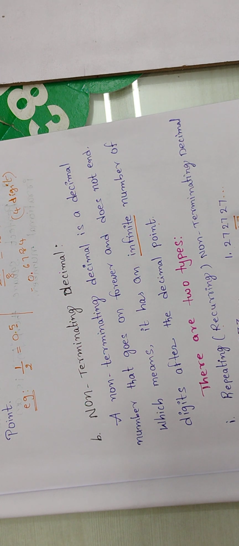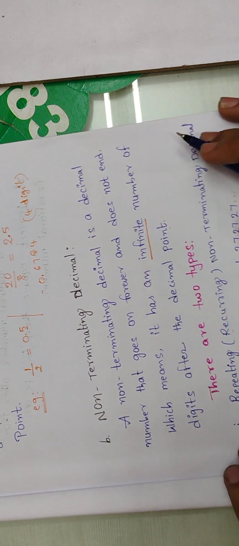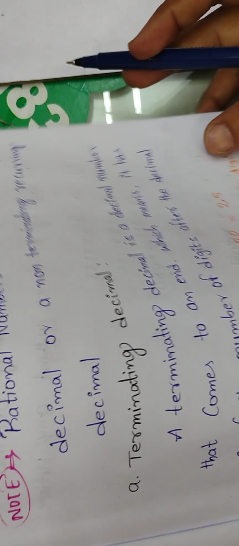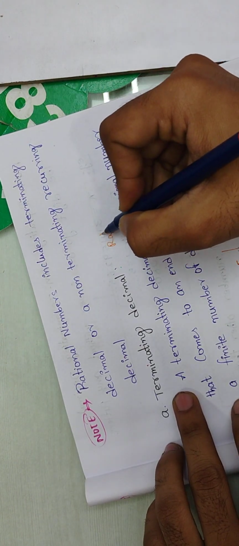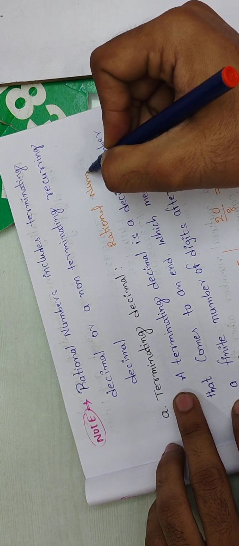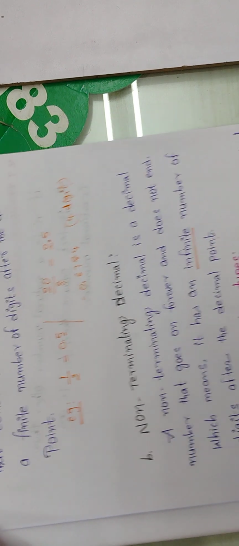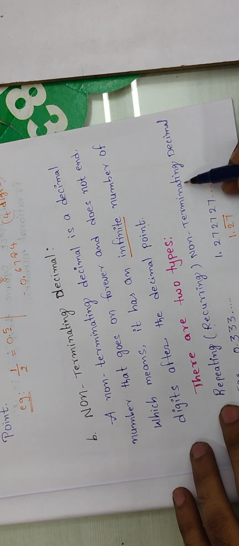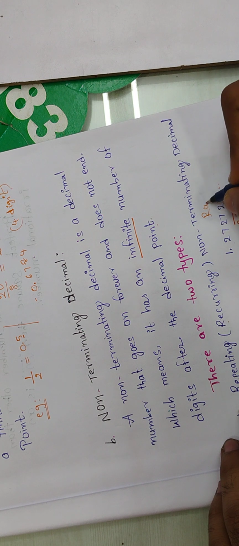Then these are rational numbers only. This terminating decimal is a rational number only. Remember this. This repeating recurring decimal is also a rational number.